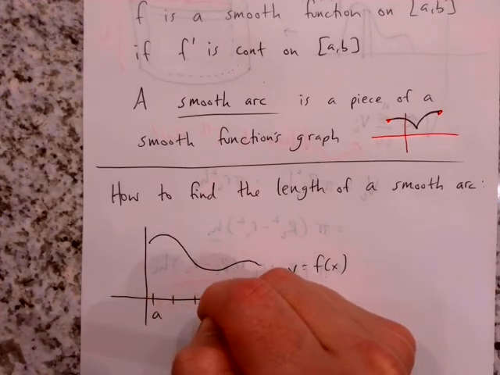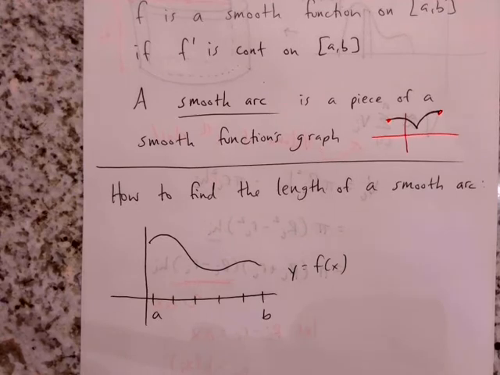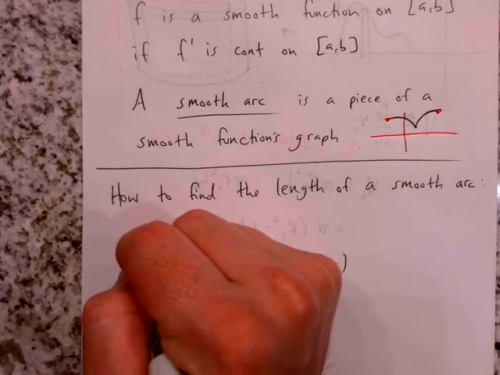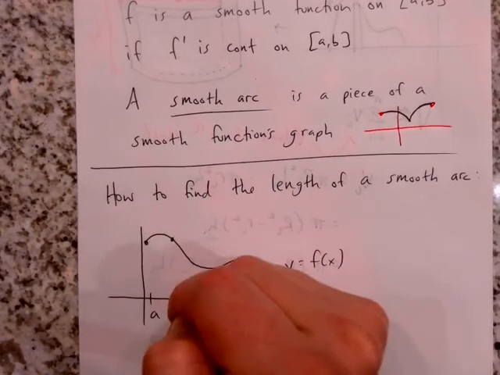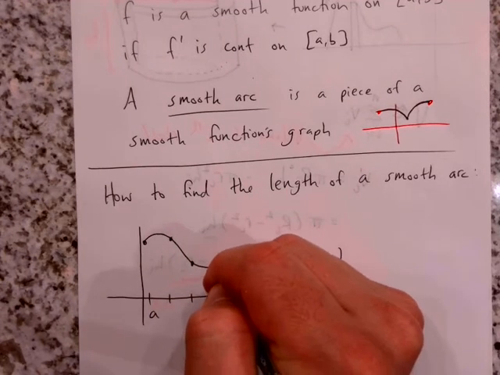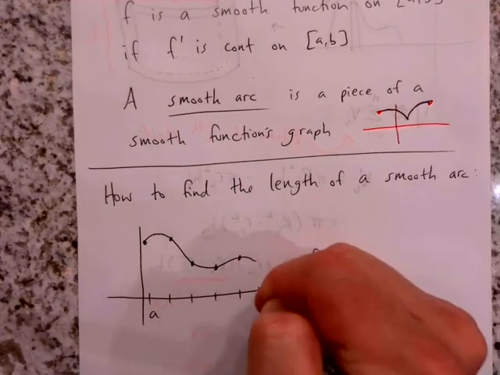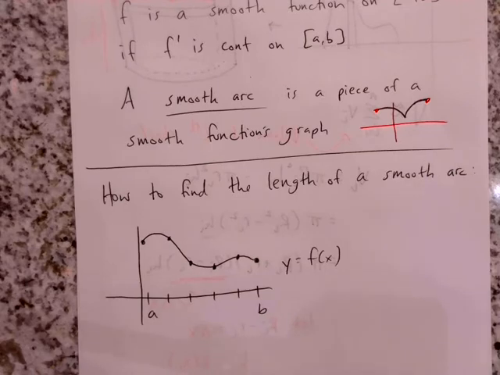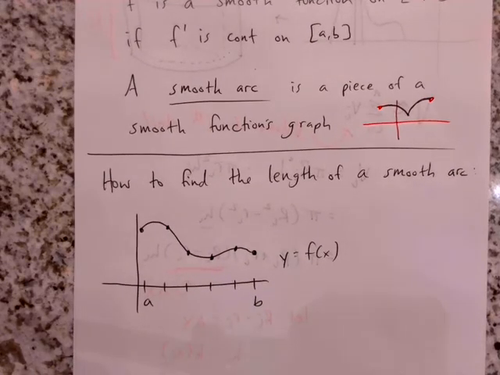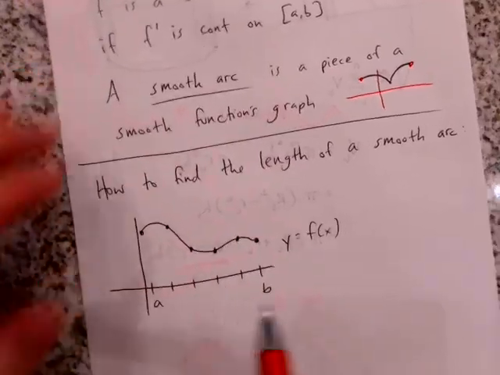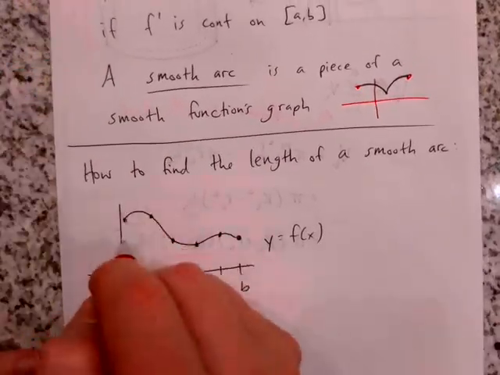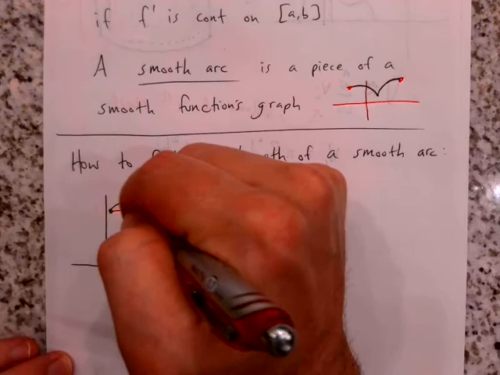Then we find the points on the graph that correspond to each of our subintervals' endpoints, like so. And then we use straight lines between each of those points as an approximation.